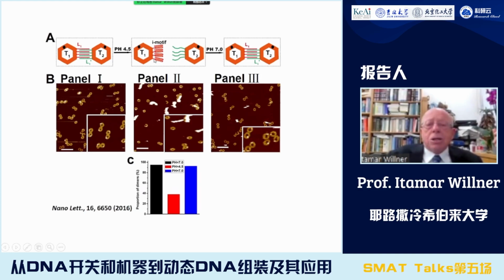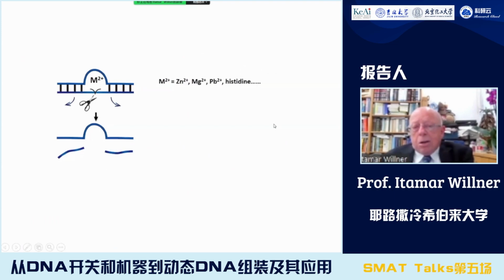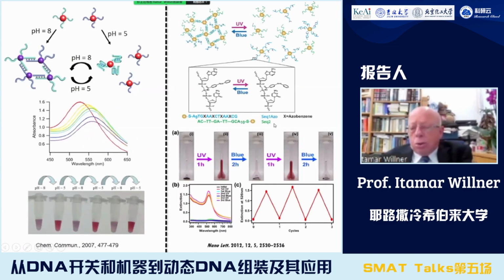At acidic pHs, we generated I-motif structure and we separated the tiles. When we neutralized the system, we dimerized them. And we see here the dimers that were moving to monomers and back cycled into dimer structures.